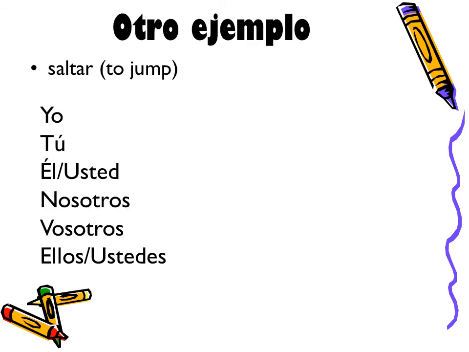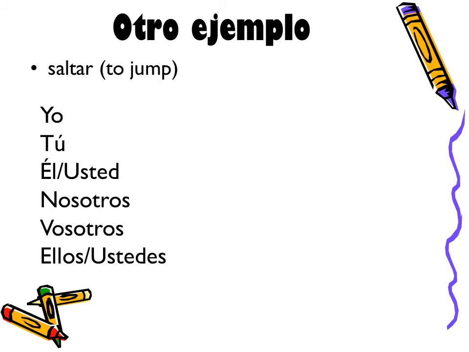Okay, so let's look at another example. In this case, we're going to use saltar, which means to jump. And I want you to go ahead and write the pronouns as they're grouped. And remember that we are grouping them this way because they're going to use the same conjugation. And also, just so you guys know, even though I'm only putting all the masculines, the feminines are implied in the different ones.